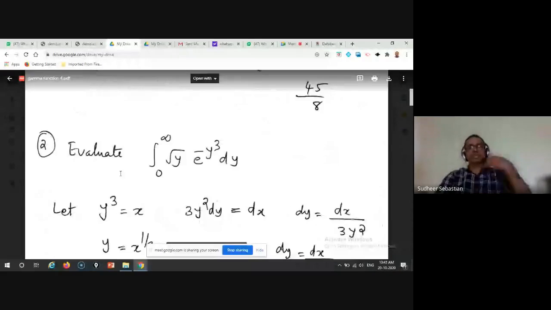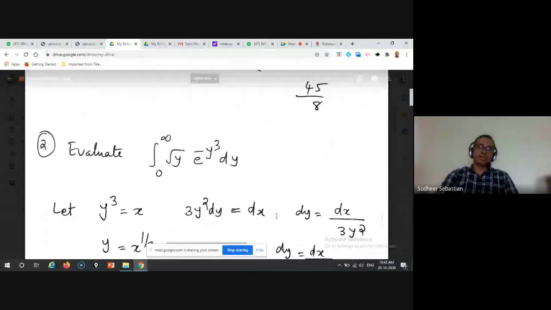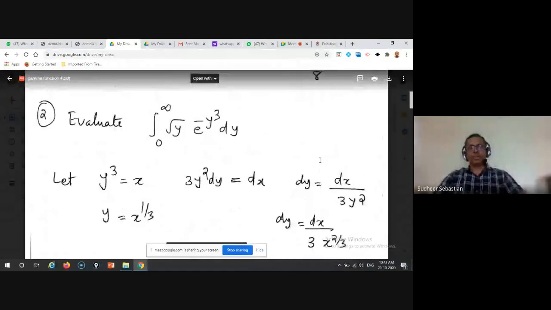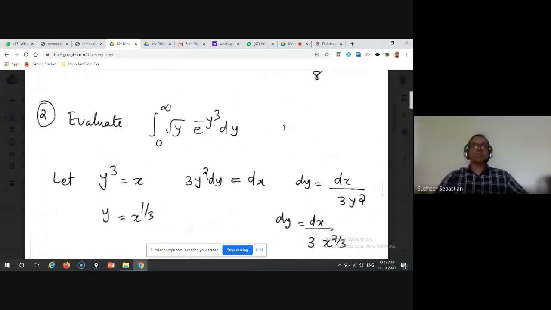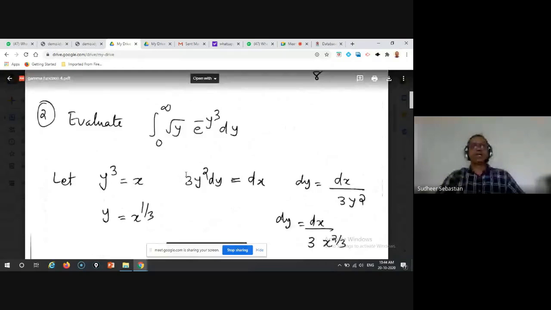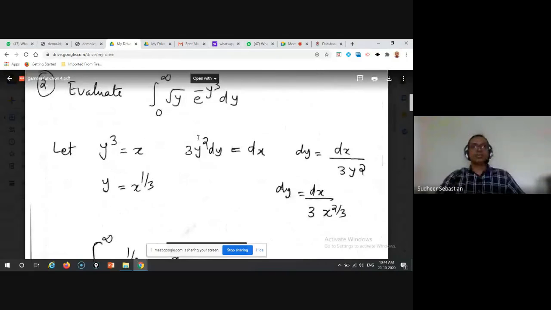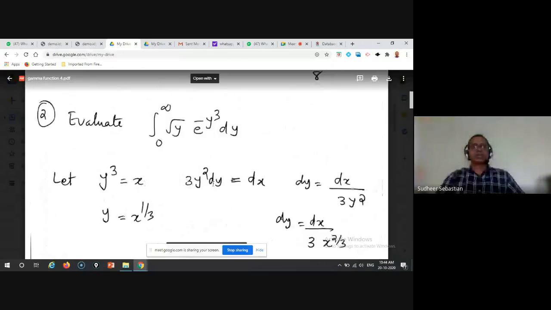So we are changing it into the form of the gamma function definition. For that, I am taking y cube as equal to x. I differentiate this, 3y square dy equals dx, so dy will be this.